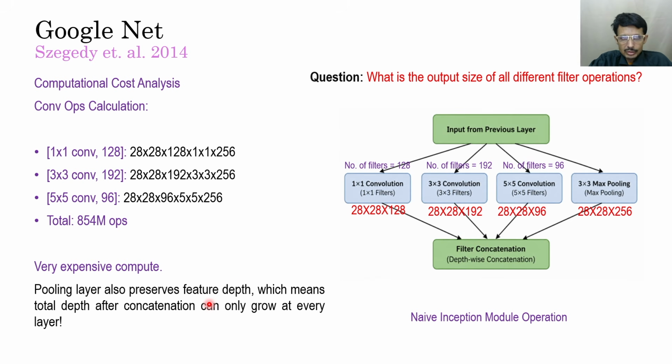A pooling layer also preserves feature depth, which means the total depth after concatenation can only grow at every layer.